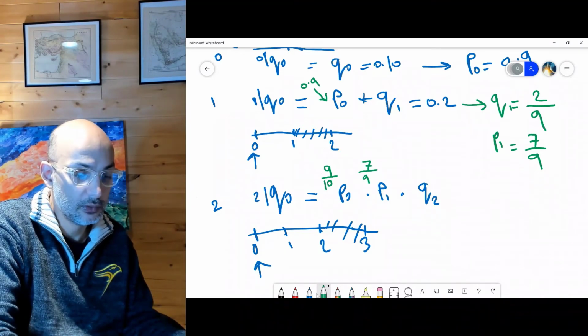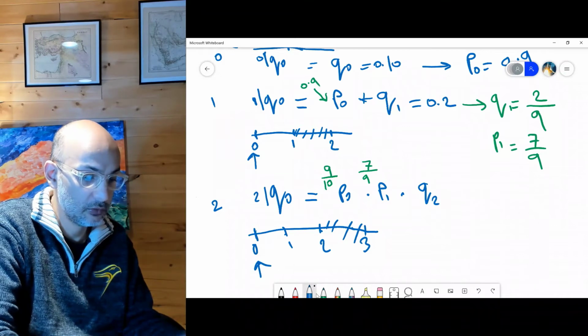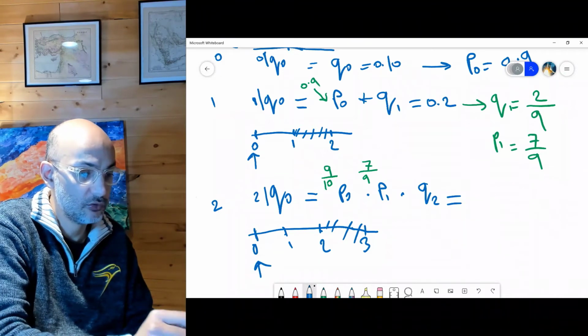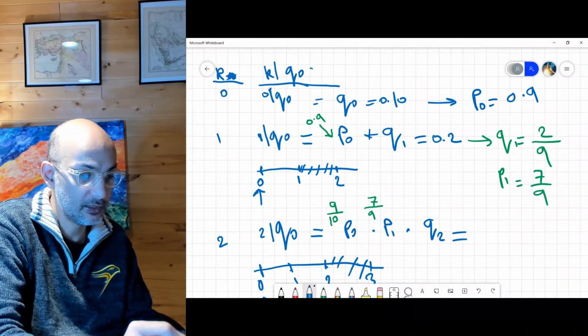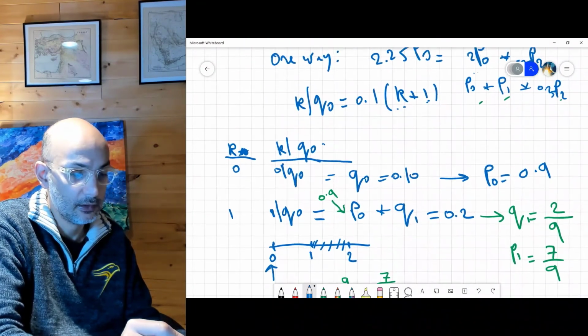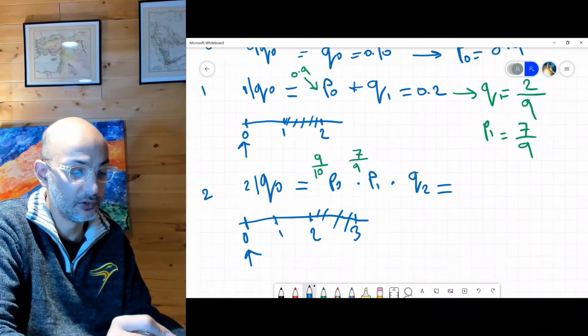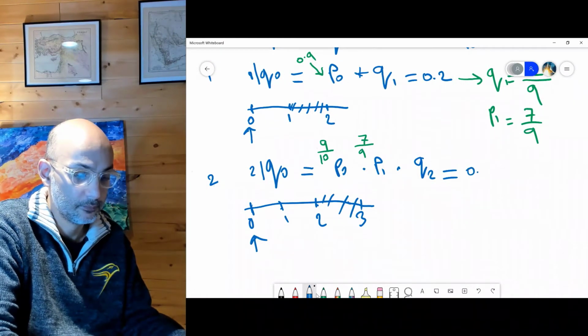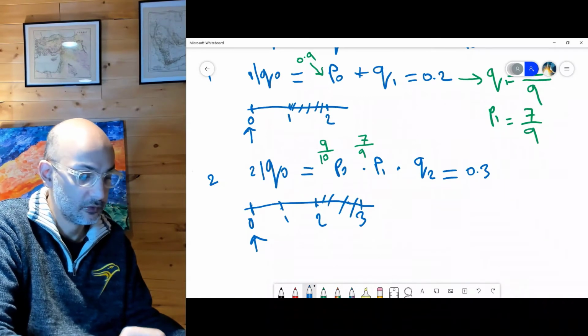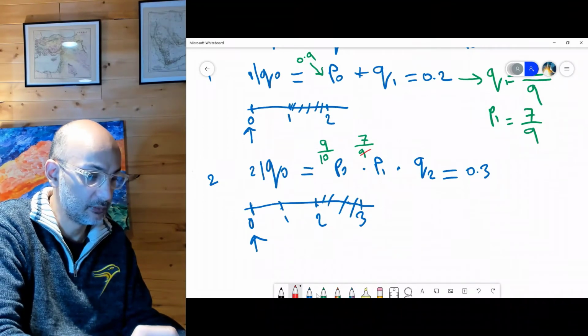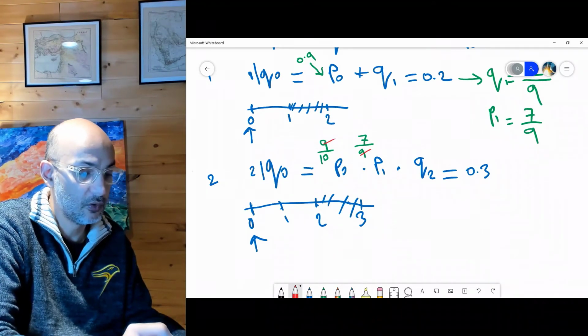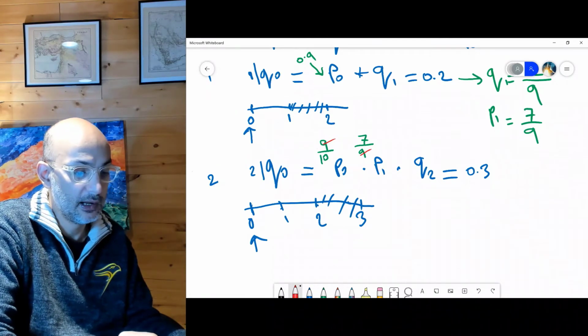Q2, we don't know it, and this is equal to, now you plug in k equals 2 here, right? 2 plus 1, 3, multiplied by 0.1 is 0.3. Okay. So now this cancels out with this, so it becomes 7 over 10, and then 10 over 7, right?